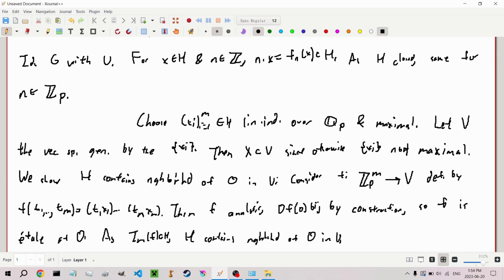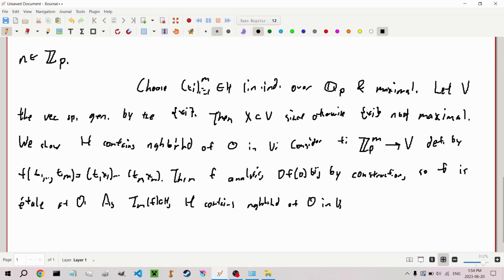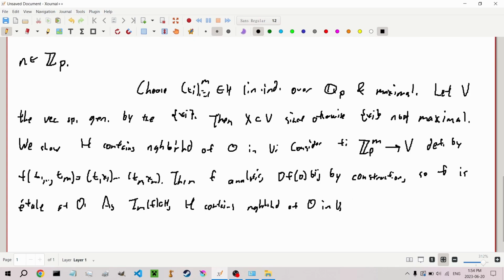Alright, so now our last step is to show we have our first theorem when our base field is the reals.